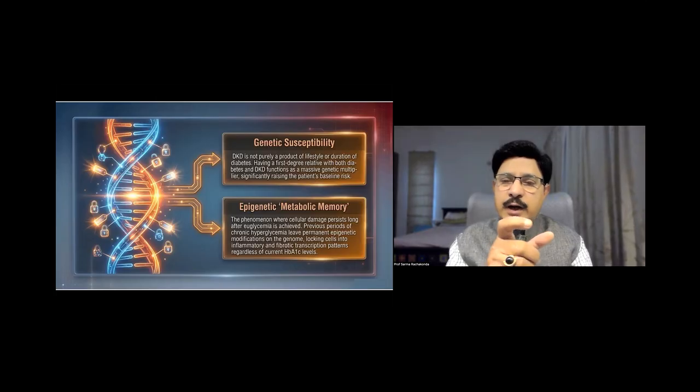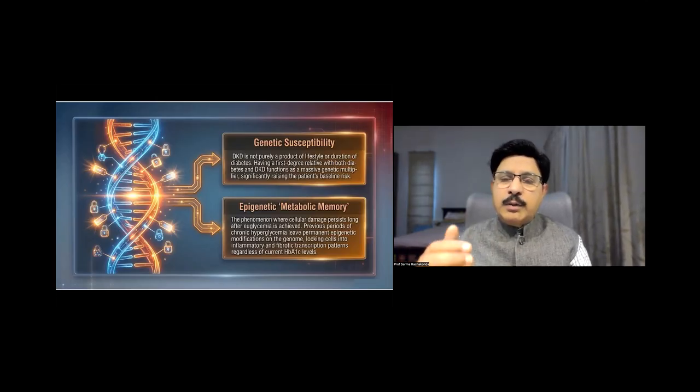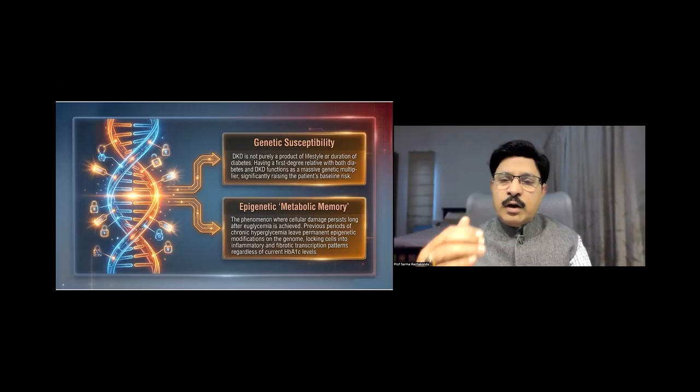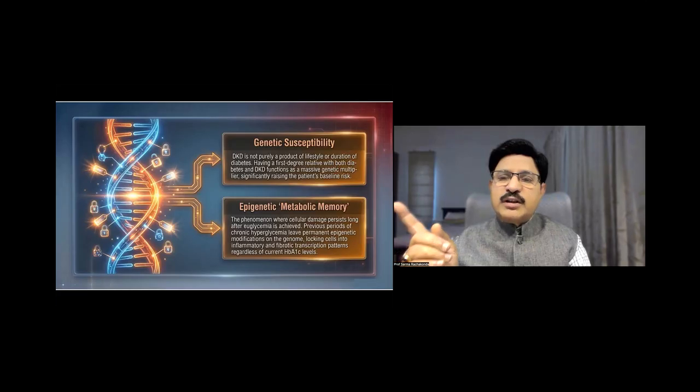Initially, a patient had very high levels of blood sugars, hyperglycemia. He did not control his diabetes well in the first 5 to 10 years. There is a metabolic memory. Later on, he became active, took insulin, controlled his weight, reduced his sugar, but the initial hyperglycemia is giving rise to a metabolic memory in the cells.